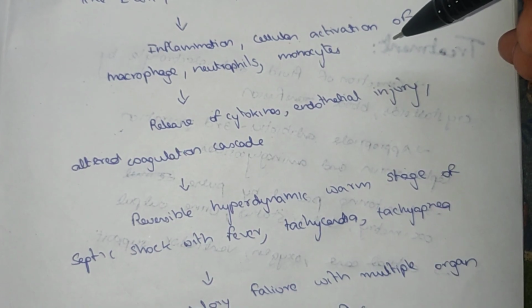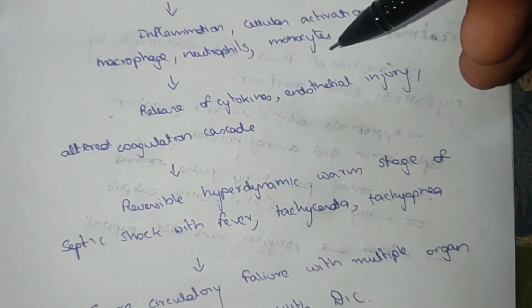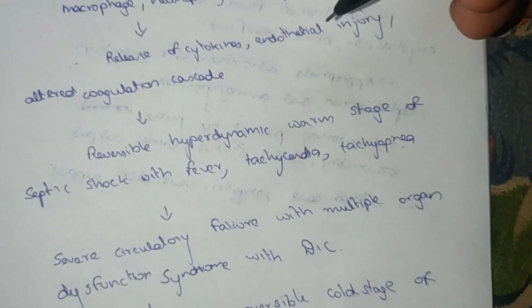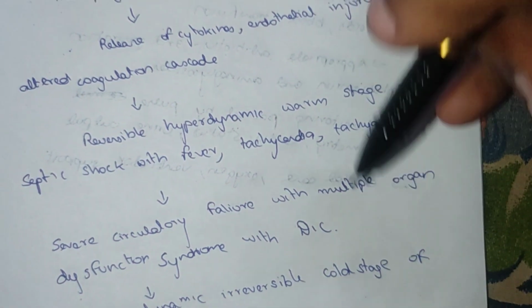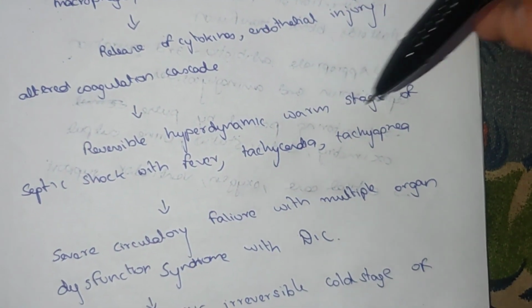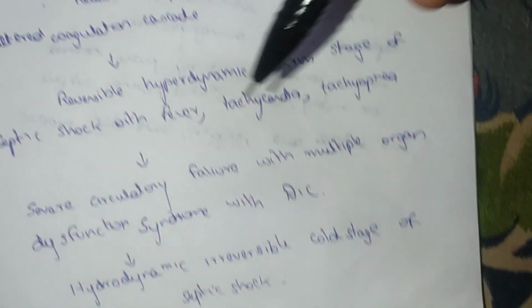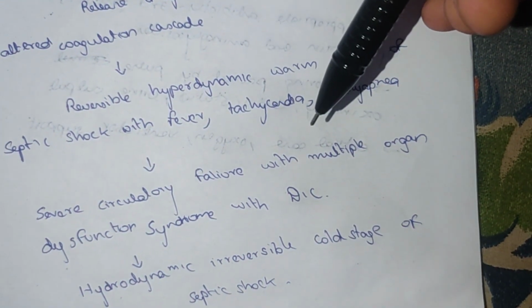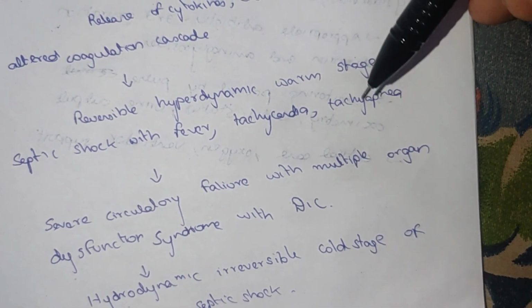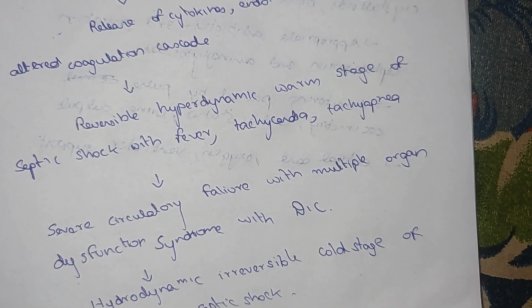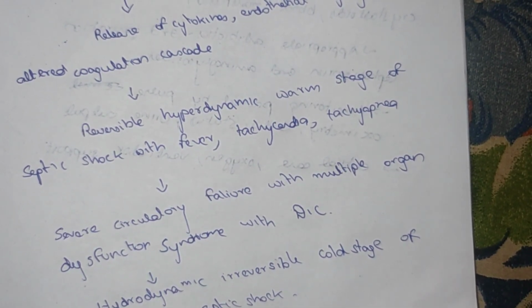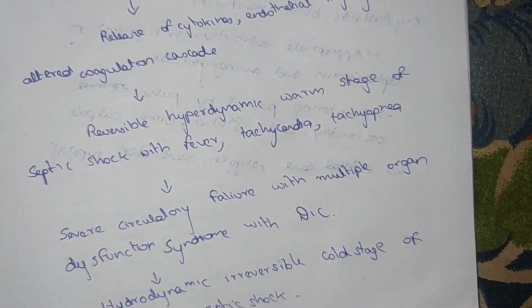After inflammation and activation of macrophages and neutrophils, there is release of cytokines and endothelial injury. From here there are two types of shock: warm septic shock versus cold septic shock. In warm septic shock, fever, tachycardia and tachypnea are seen. In cold septic shock, there is severe circulatory failure with multiple organ dysfunction and DIC, where the small blood vessels get clotted and there is no blood supply to the peripheral limbs and hands.